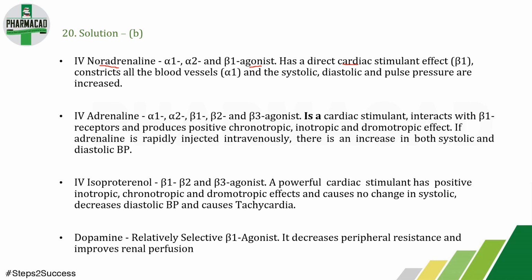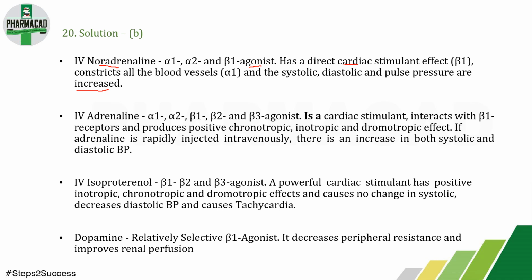It constricts all the blood vessels, because we have alpha 1 receptors there, and the systolic, diastolic and pulse pressure, all three are increased. Because it is a stimulating effect, everything will increase, blood pressure will also increase.